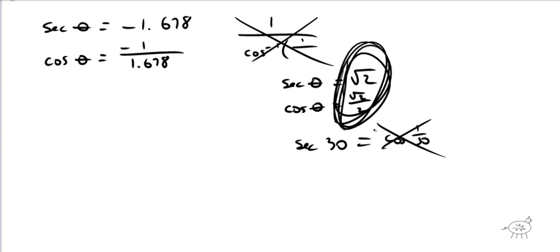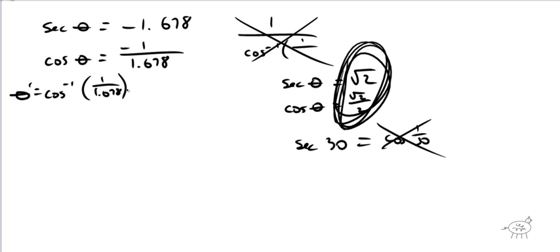Okay? So anyway, back to this problem here. I have cosine of theta is equal to negative 1 over 1.678. This is really easy now. This is what we've done in the past, where you just do inverse cosine, because we're finding a reference angle: inverse cosine of positive 1 over 1.678.